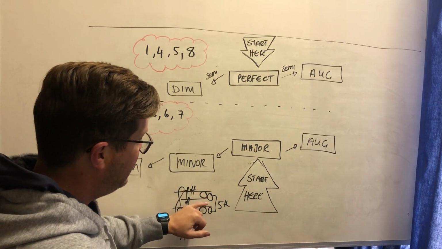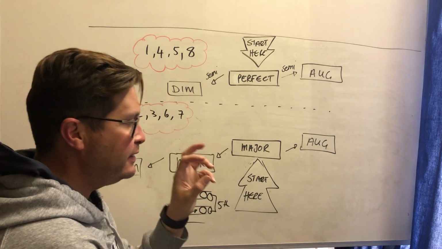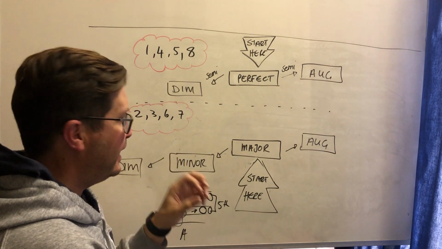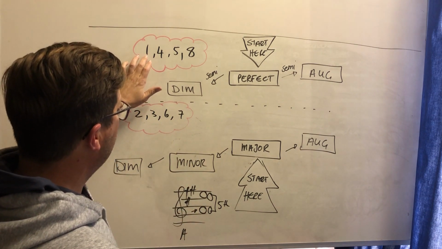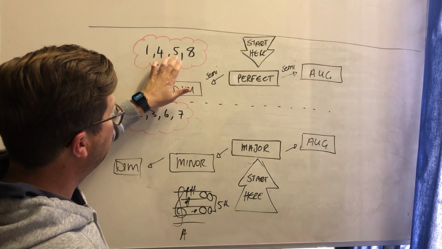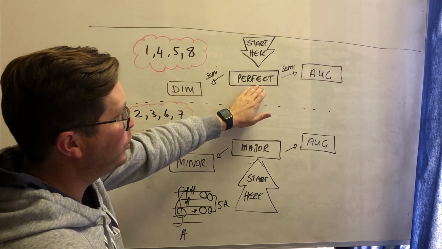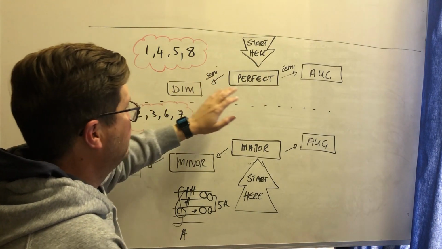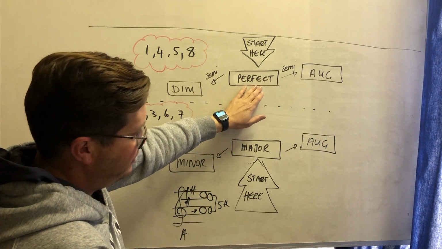That is how you'll do it. The way that the interval will be in a major scale, that for unison, fourth, fifth, and eighth, we call perfect. Don't ask me why, I don't know, but they are called perfect.